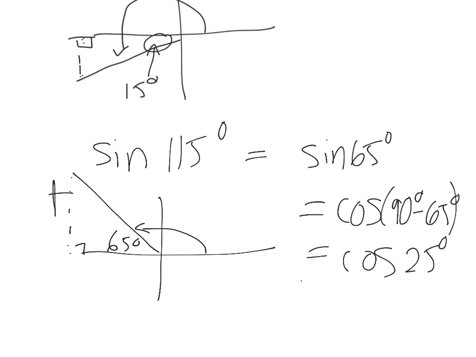And now I can go to my table and see that that's 0.9063. Okay, so that was the first page. And again, try the ones I didn't do as well. Hopefully I've given you enough so that you can get a feel for how to do all of them. And then I'm going to do a second video for number 2.